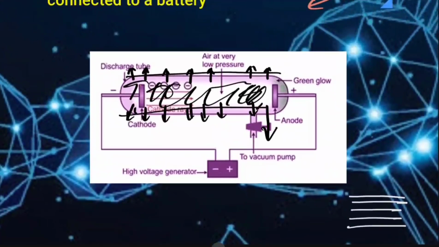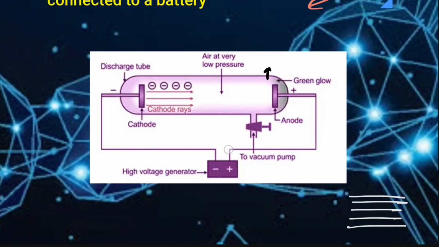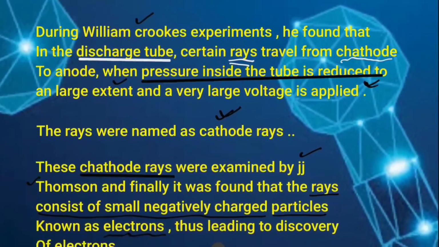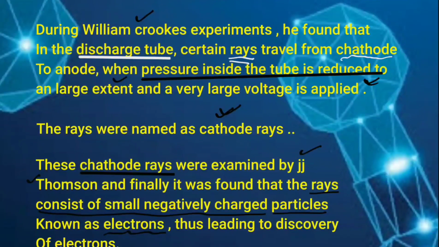So the rays coming from the cathode to the anode are negatively charged rays made of negatively charged particles, and he found that these particles were electrons. This is how electrons were discovered.